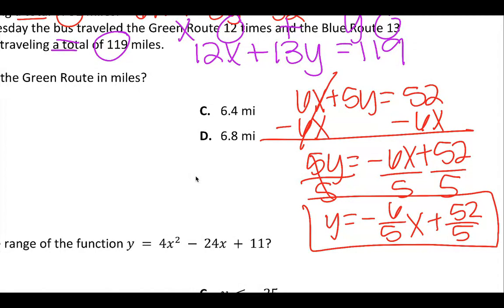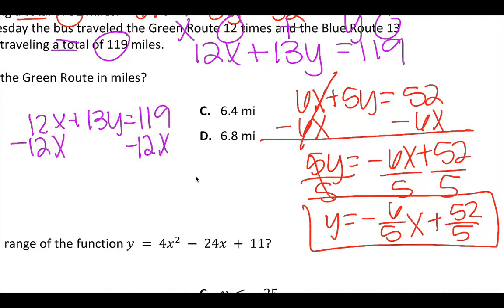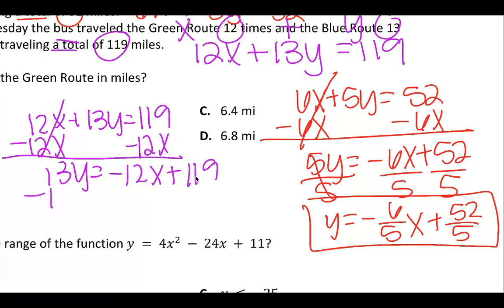The second one was 12x plus 13y equals 119. Subtract 12x from both sides. 13y equals negative 12x plus 119.